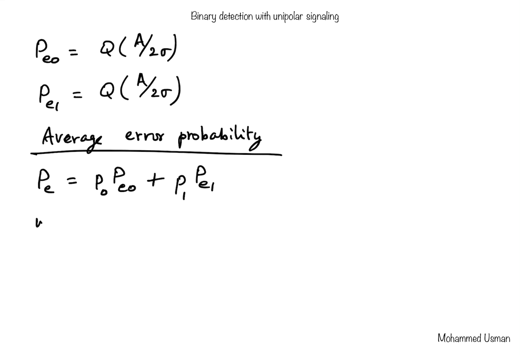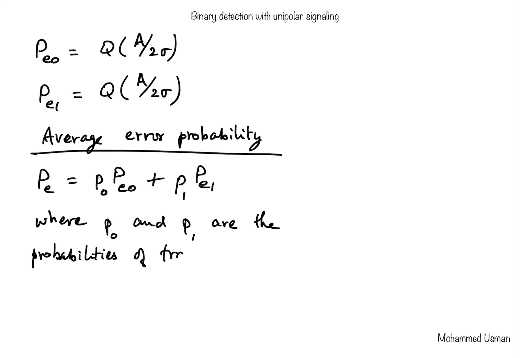So let's mark this where P0 and P1 are the probabilities of transmitting 0 and 1 respectively.